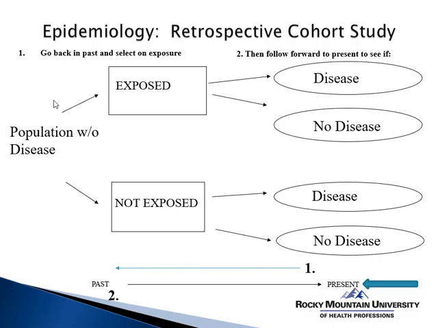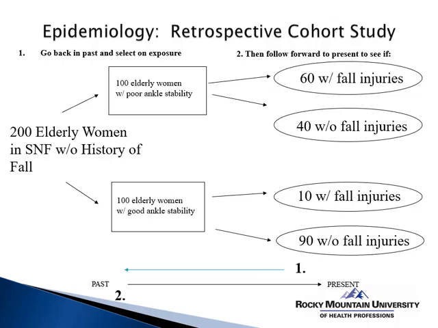See, number one here, we go back in time and we look at this data that was collected when people were disease-free or injury-free at that beginning time period, and then we put them into groups, at-risk and lesser-risk groups, based upon whatever we're interested in looking at, and then we go back to the present, and this is where we can get these proportions to find out what percentage got the disease in each group or the injury in each group.